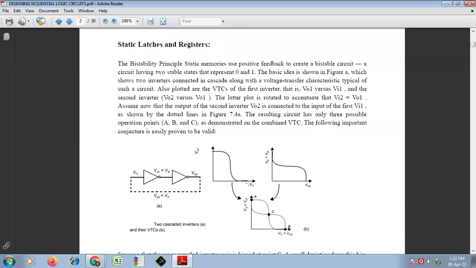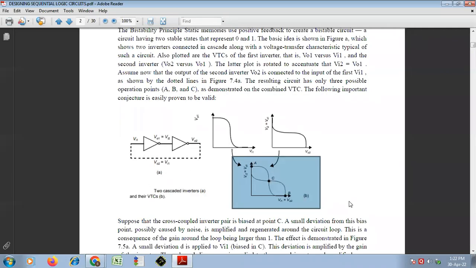This is the VTC curve of the first inverter. This is the VTC curve of the second inverter. Now when you combine both and plot them together, you will get this graph.